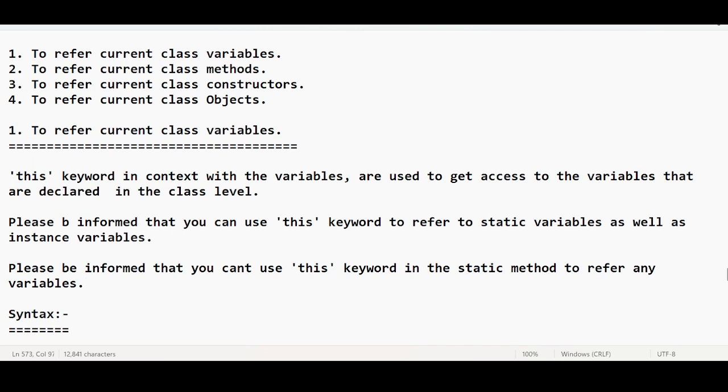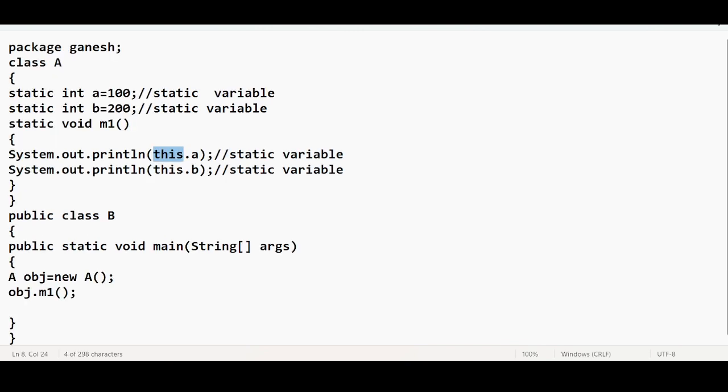Can I conclude this? Even though the variables are static, we are calling this variable on top of the this keyword. The this keyword is not allowed, not at all allowed. This is another conclusion.